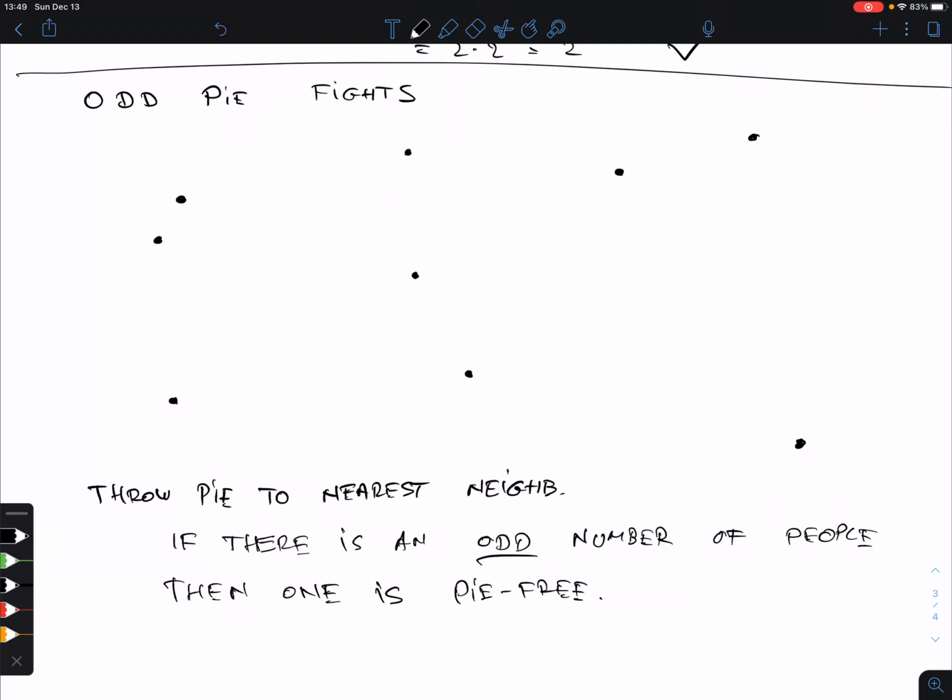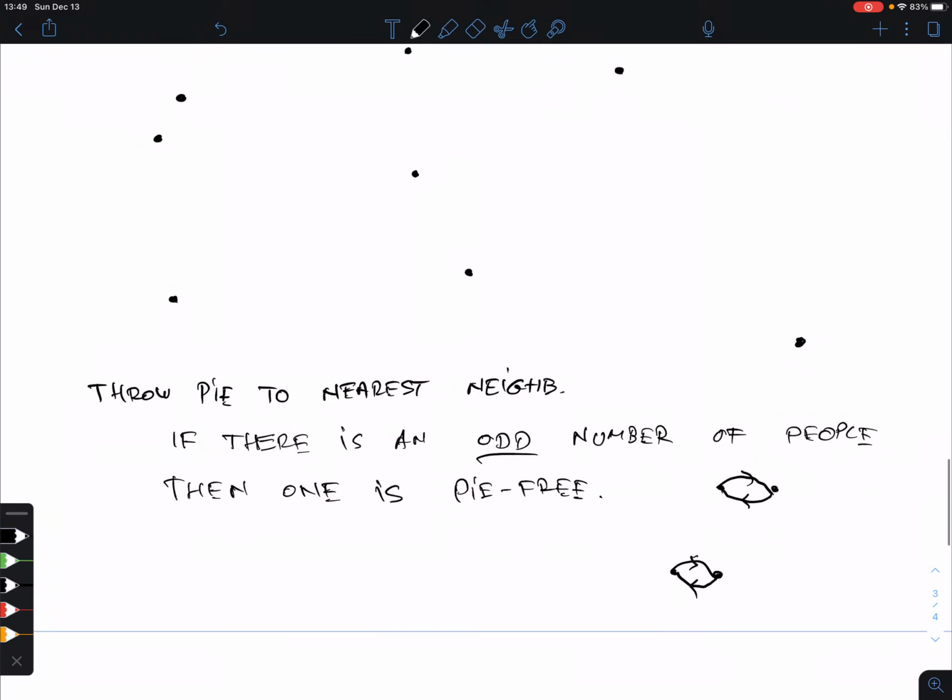First of all, this is not true if they're an even number, because, for instance, here, this is an example where there are 4 of them, and this guy is throwing a pie here, this guy is going to throw back, because they are both each other's nearest neighbors, and the same here. Okay? So everybody gets a pie in his face. So if you're dealing with an even number of people, this is not true. Here is an example. Okay? Well, you could say, oh, but just because you're at the same distance.